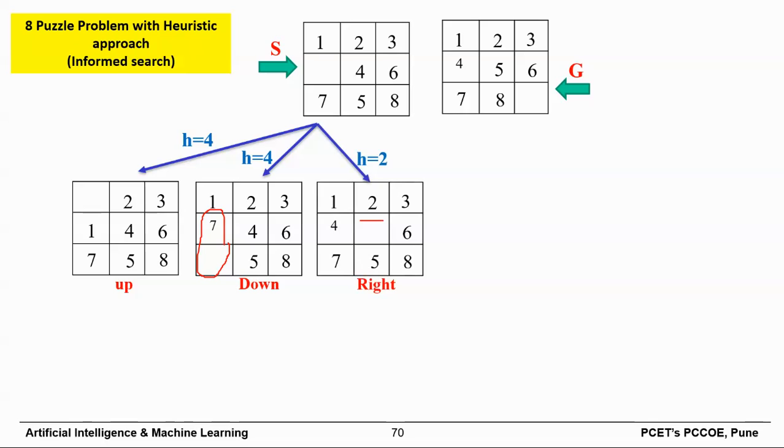Again, if we interchange the blank and the 4, that is a right shift, you will get another. Now, how many alternatives do you have? 3, right? So, when we compare these three heuristic values with the destination, which is the best move?